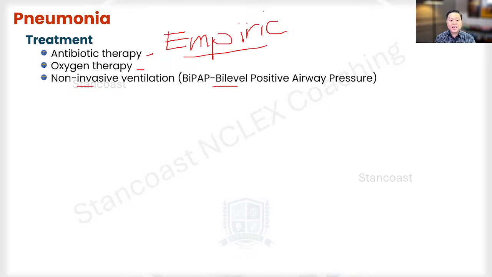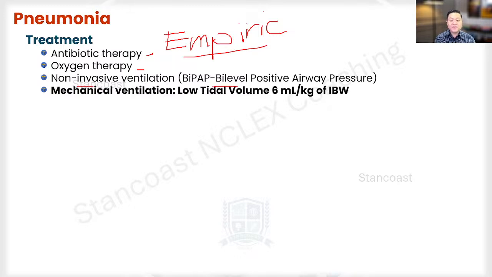Now, in case the non-invasive ventilation therapy is ineffective, then maybe the medical provider will suggest the mechanical ventilation with endotracheal tube placement. And so here we have our ventilation strategy. Most of the time, we're going to have to set low tidal volume using about 6 mL per kilogram of the ideal body weight.